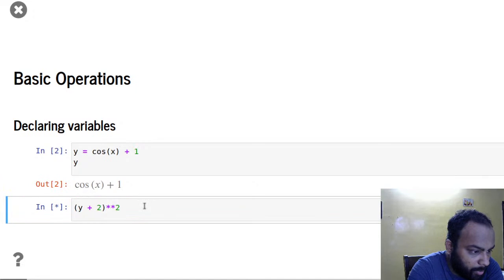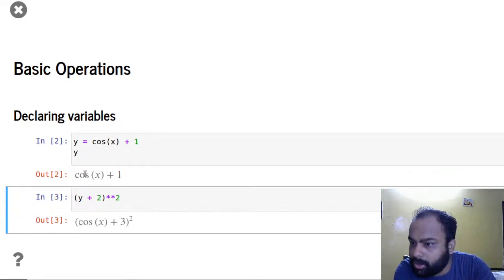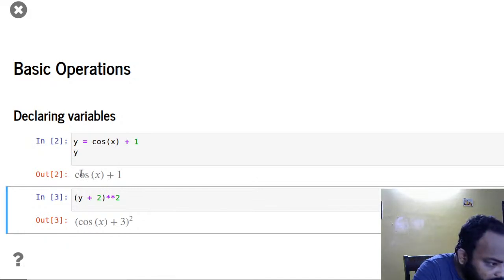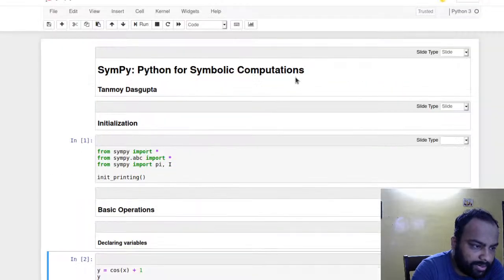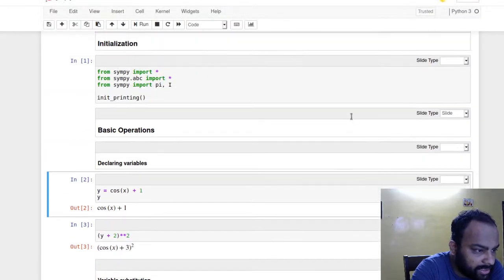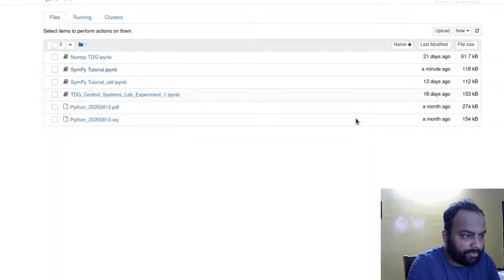The problem is that these results are not being properly displayed. There is a problem with the display. Okay, let me just get rid of this entire thing. Just hold on for a second, because things are not working properly, unfortunately for me.